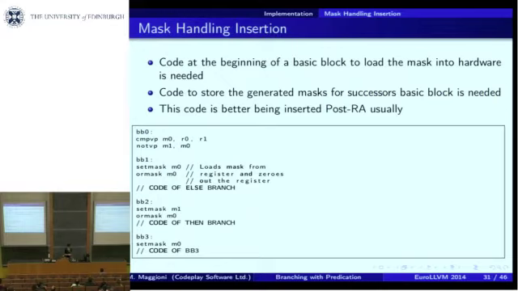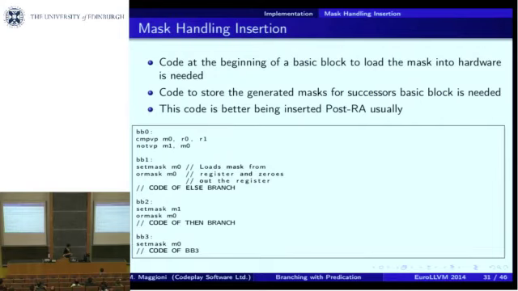You need to insert this code by simply inserting instructions at the right points, like at the beginning of the basic block or after the comparison that is used originally by the branch that jumps here or here. And after many trials, what we found is that it's better doing that after register allocation.